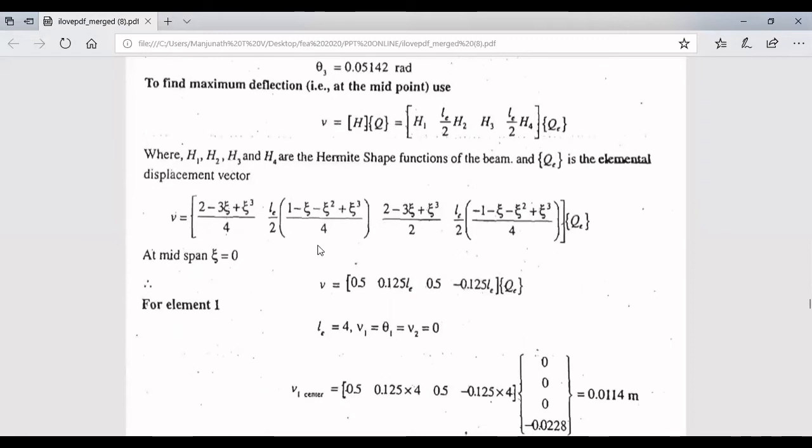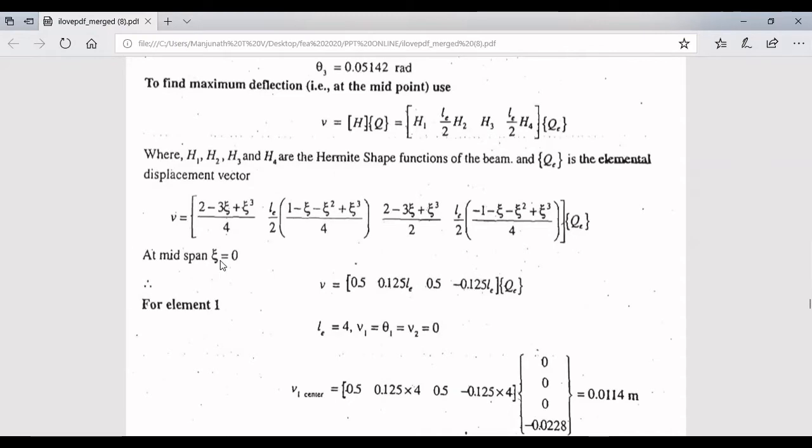Now we know that for a beam element, considering the natural coordinate system, the zeta value varies from -1 to +1 from node 1 to node 2, but at the middle section the zeta value is always equal to 0. So at mid-span we consider zeta equal to 0.